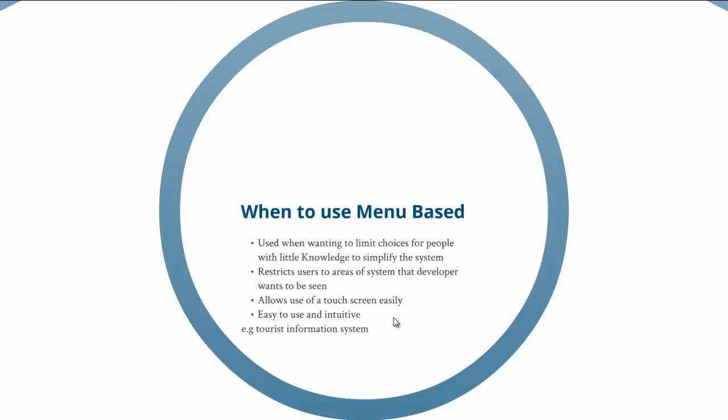They'd probably want to be using a touchscreen to make it simple and with less equipment that would potentially get damaged. Therefore, a menu-based system would be suitable for such a program. Also, you want it to be simple so that they can use it, and you don't want them to get access to other parts of the program or application that would allow them to mess around with the settings of that system.